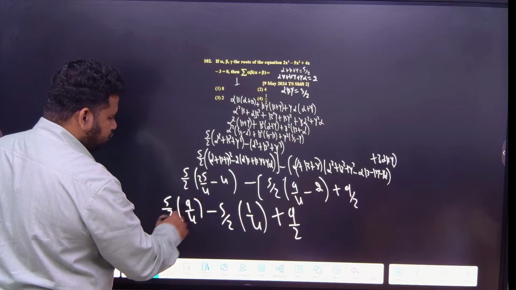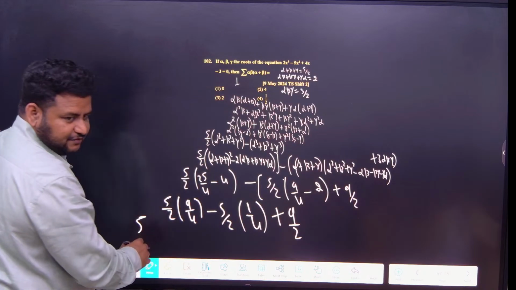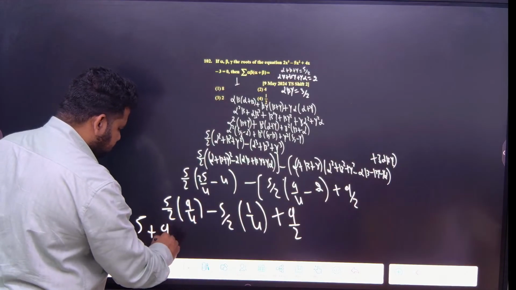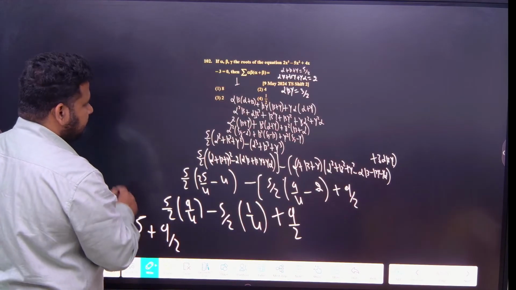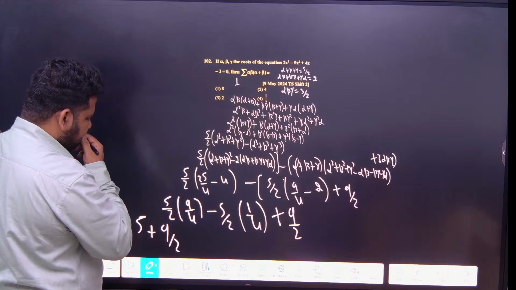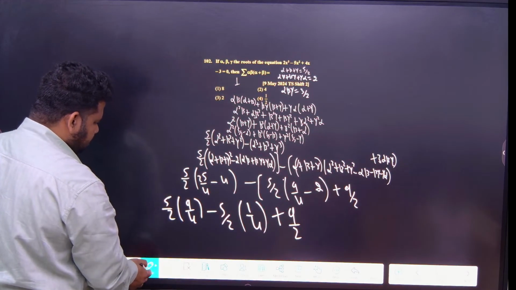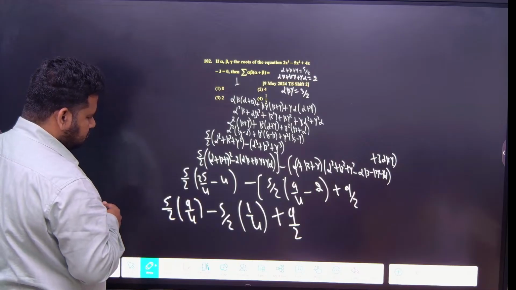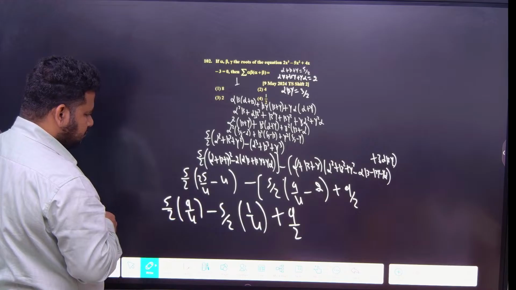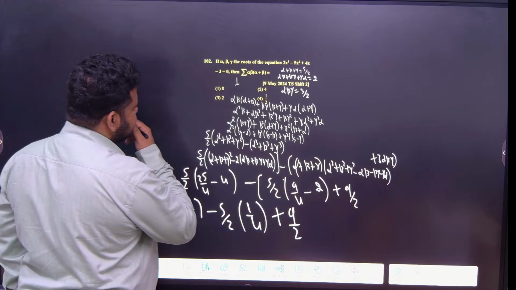So 5 by 2 into 2 is 5. I will get 5 here plus 9 by 2. What is the value we will get?